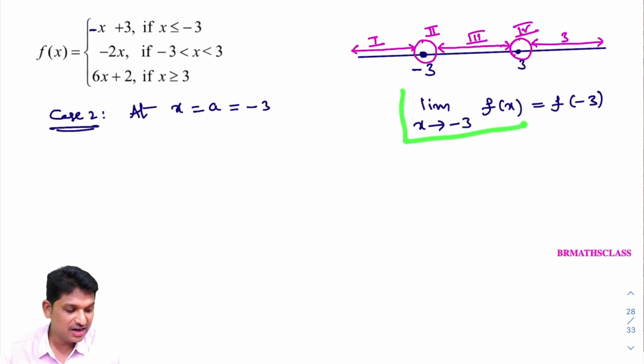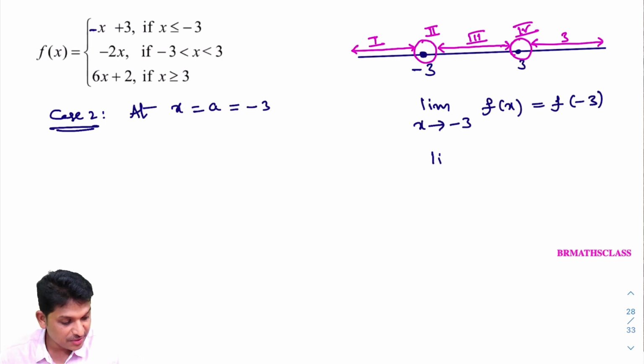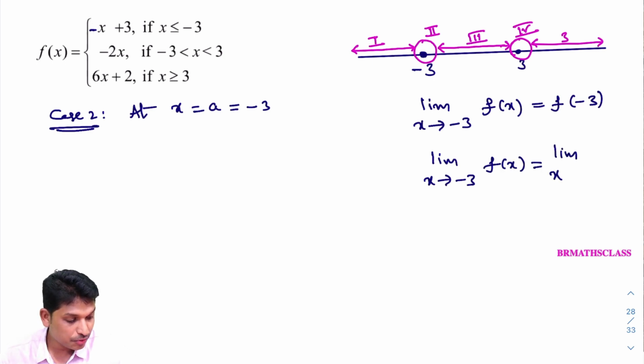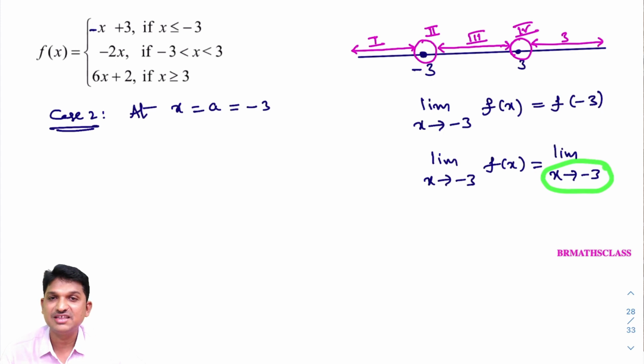To calculate this, we have a problem. What is that problem? I will write here. Limit x approaches to minus 3, f of x. I need to calculate this now. Here x approaches to minus 3.